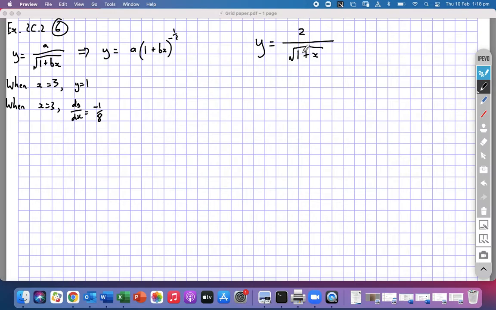And you do, because you'd end up with 2 divided by 2. So when x equals 3, y equals 2 on the square root of 4, which is 2 on 2, which equals 1. And that's what we know it should equal. So therefore, we do have the correct answer. A was 2, B was 1. And it didn't take very long to check that, actually. Okay.